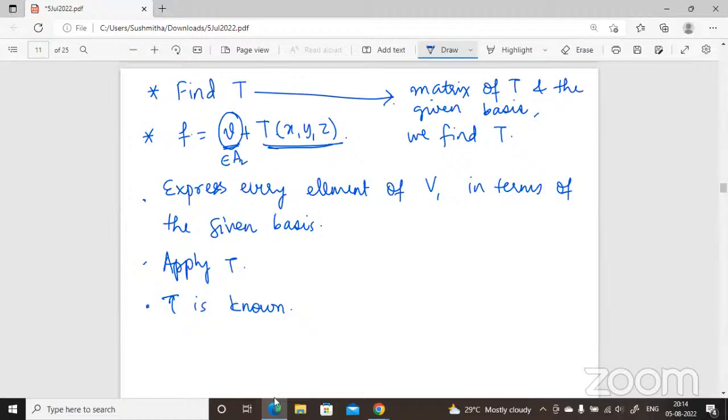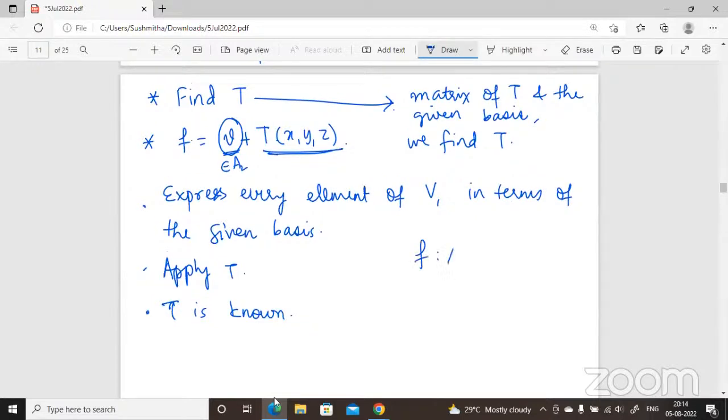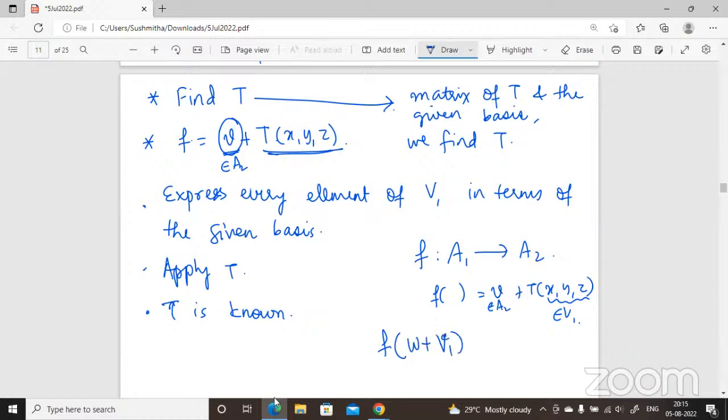A2. My f is from A1 to A2. Yeah. So f of something should be some point in A2 plus T of x, y, z. This is that point in V1. f of some v plus... Let's say w plus v1, where v1 is a point in the vector space V1.